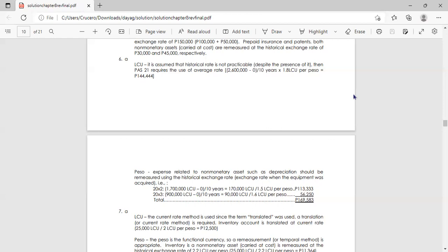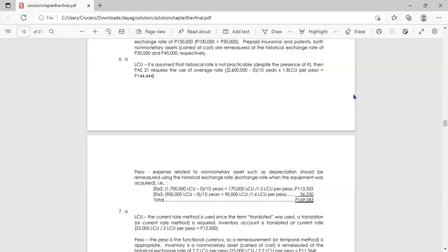In 20x3, we have 900,000 local currency units divided by 10 years. So we have 90,000 divided by 1.6.